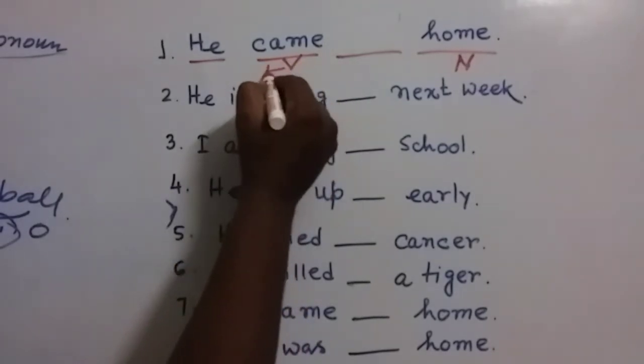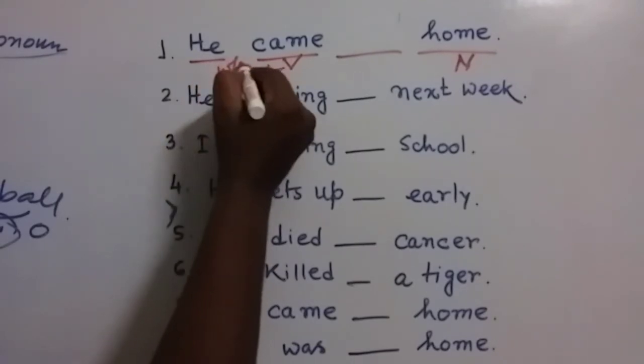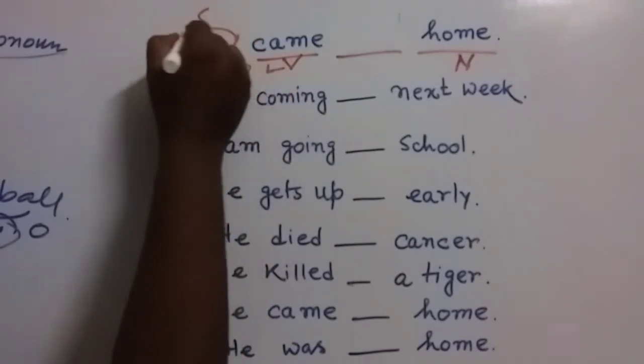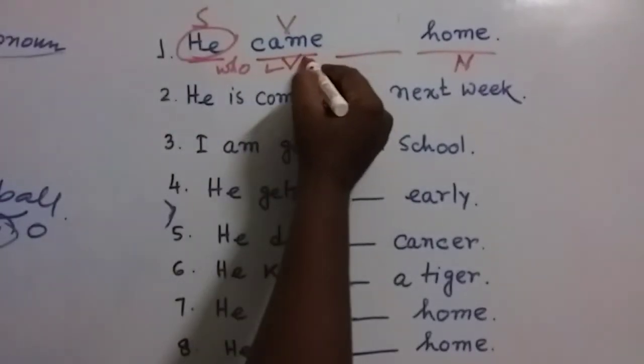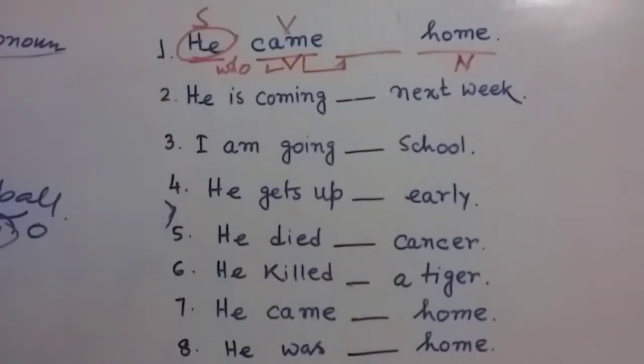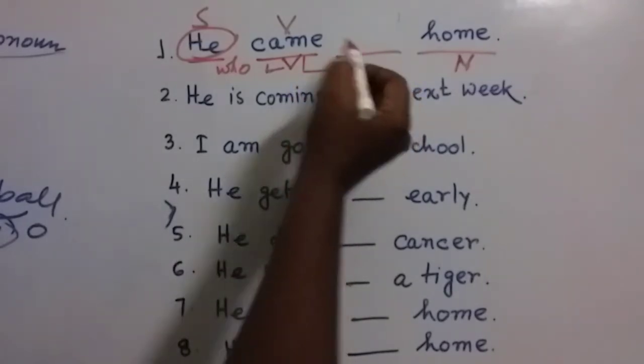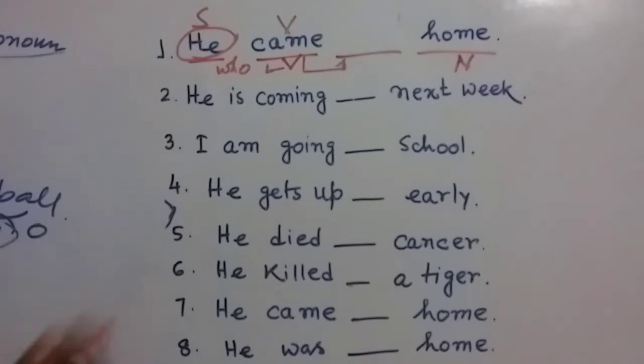We ask the verb by who. Who came? The answer is he. So he is the subject. This is the verb. And what came? No answer. Whom came? No answer. That means there is no such object in this sentence, and it means this verb is an intransitive verb.